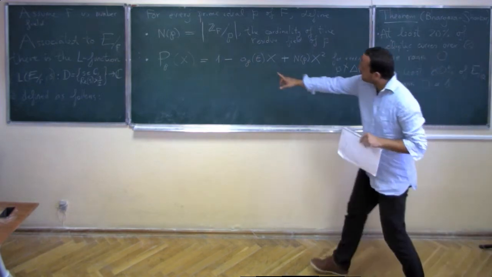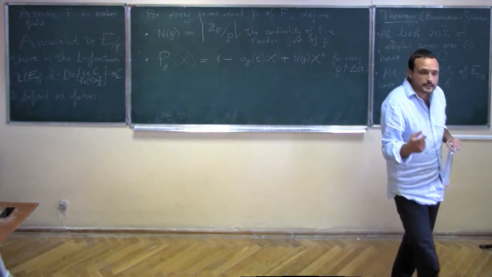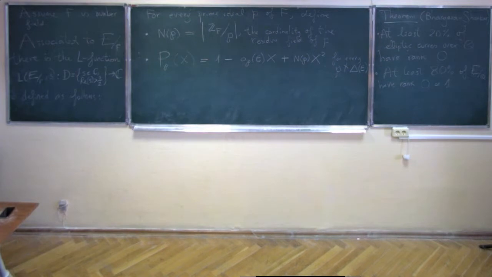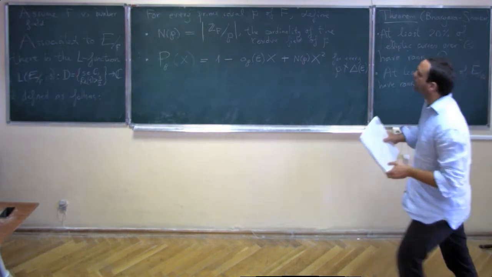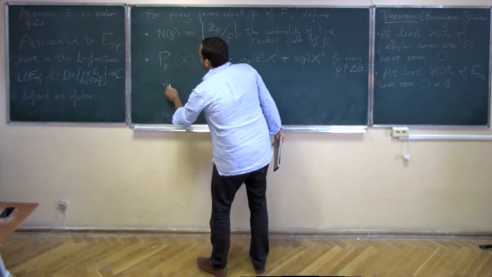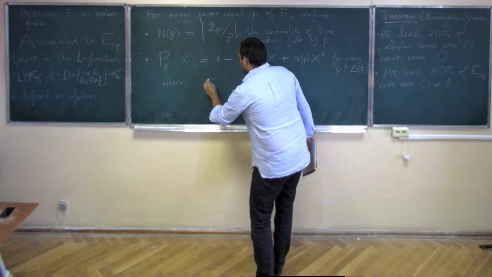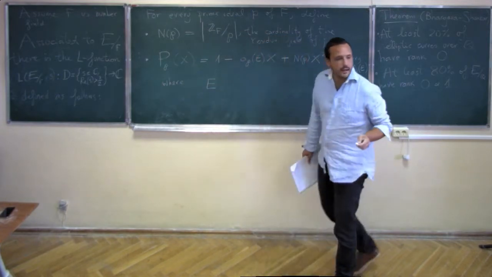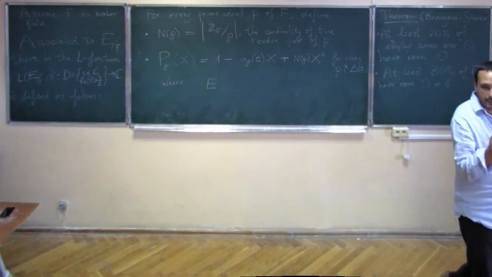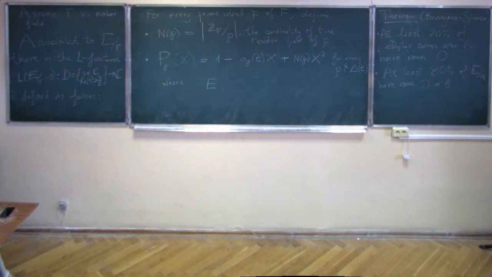And here, this a_P(E) is a quantity that already appeared before when we were considering elliptic curves over finite fields. Where? Remember that we have our elliptic curve over F. It's given by a Weierstrass equation defined by coefficients a and b.